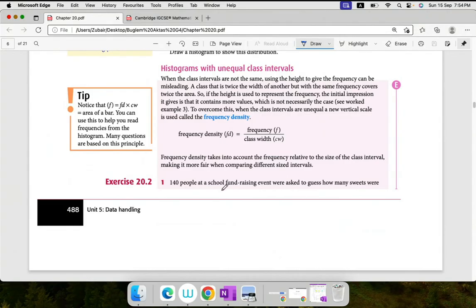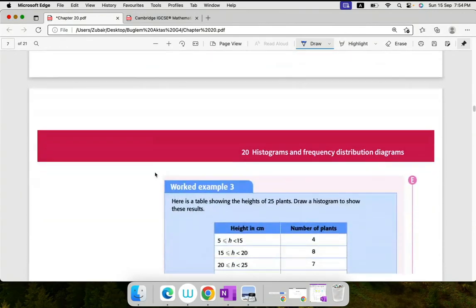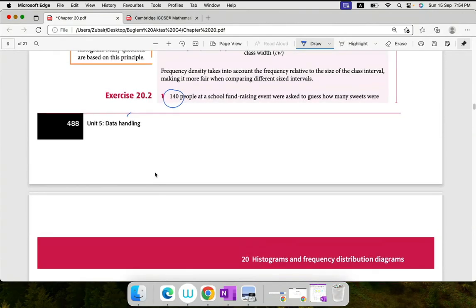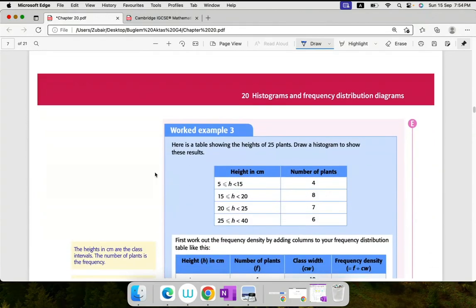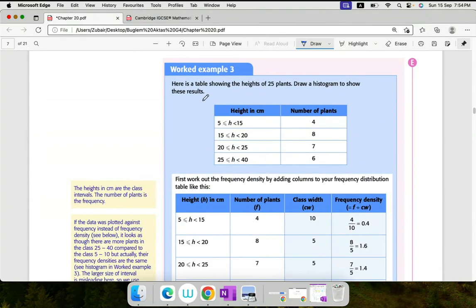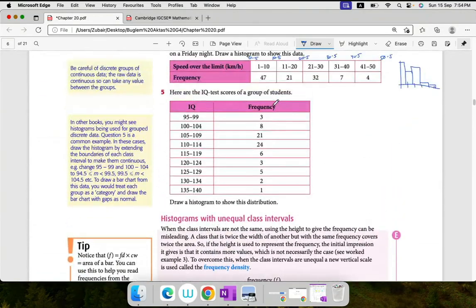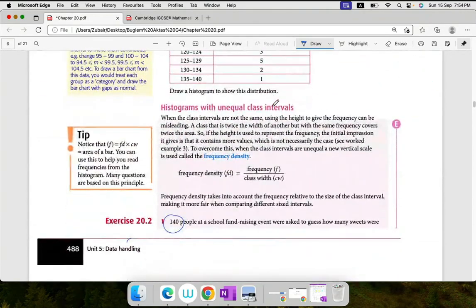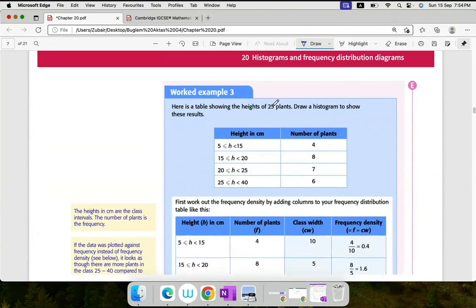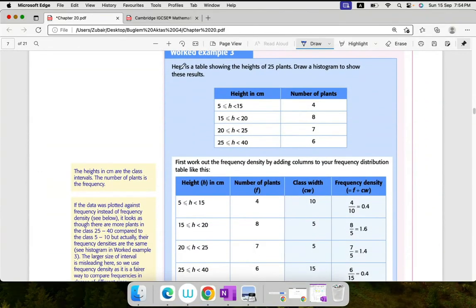Exercise: here is a table showing the height of 25 plants.